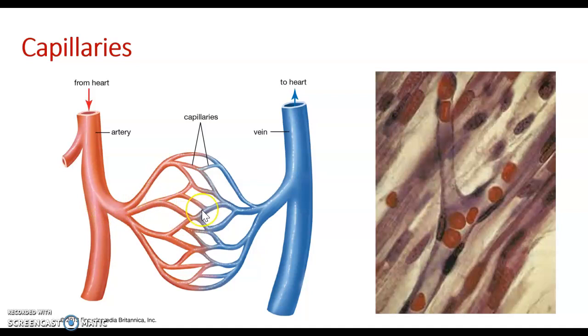And that capillary bed might be embedded in a muscle tissue or an organ tissue, and that's what's going to provide the nutrients and provide the oxygen that those tissues need to be able to function. And then once they are all used up and they have everything they need, the deoxygenated blood will travel out of the capillary bed back into a venule, out into a vein, and back to the heart.